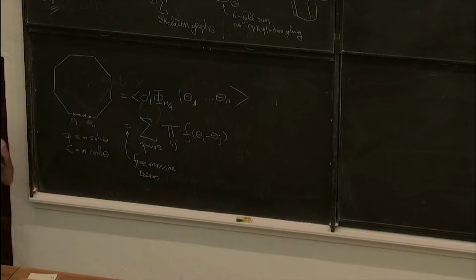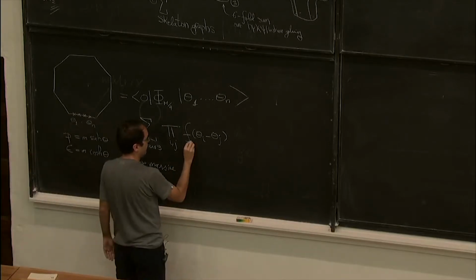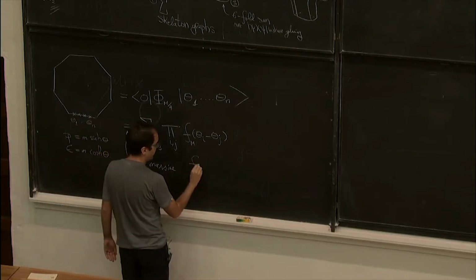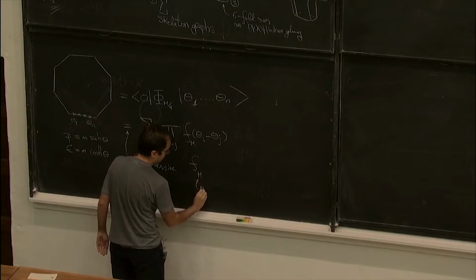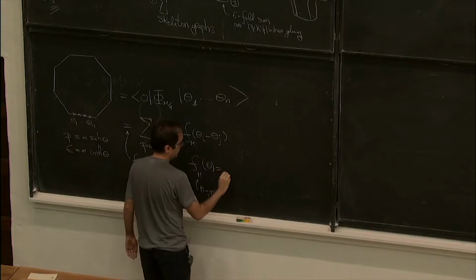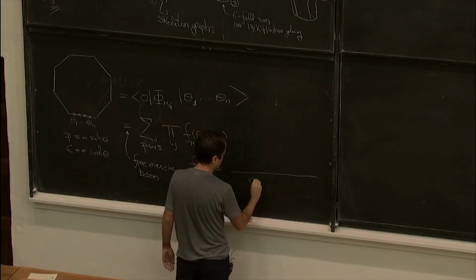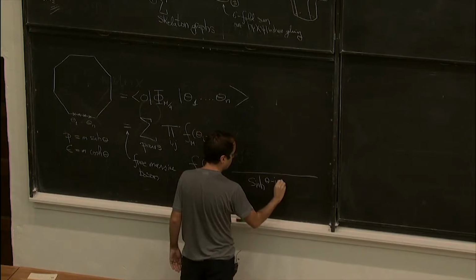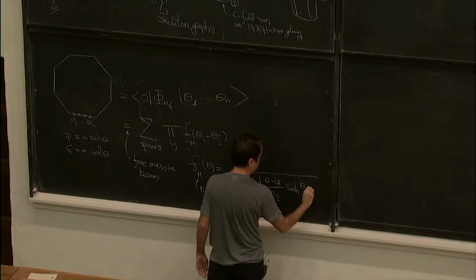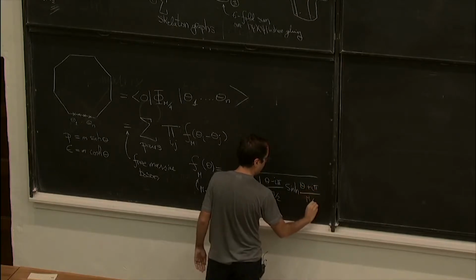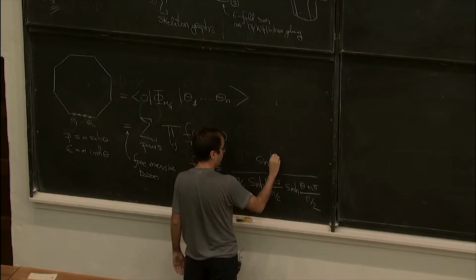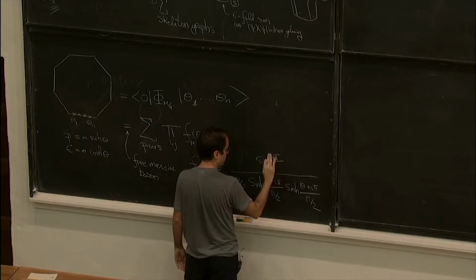So you sum over the pairs, where f is a function that depends on m, what m-gon do you want, and for an m-gon, I recall, this F_m of theta is equal to this expression, sinh of (theta minus i pi over m) over 2, sinh of (theta plus i pi over m) over 2. There is some m over 2 here, and there is some sine of 4 pi, no, pi over m.